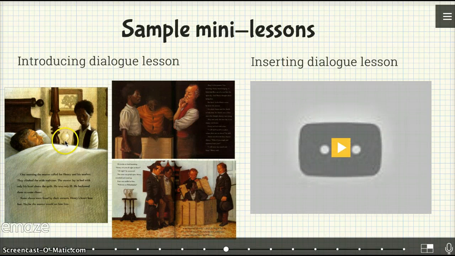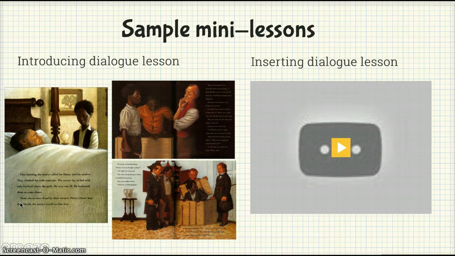The first mini lesson I would do if students needed to know what dialogue was. In Henry's Freedom Box, the story actually starts off without dialogue. I would read the page and explain that this page doesn't have any dialogue because even though the author is describing what's happening, the 2 characters, the master and Henry, are not talking to one another.